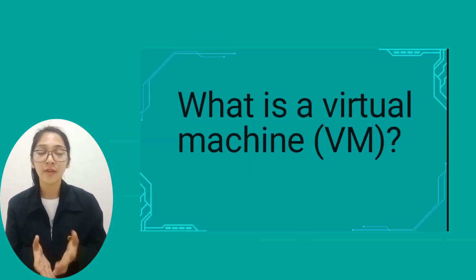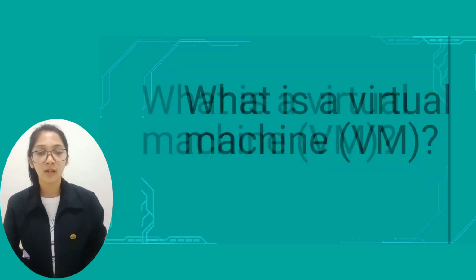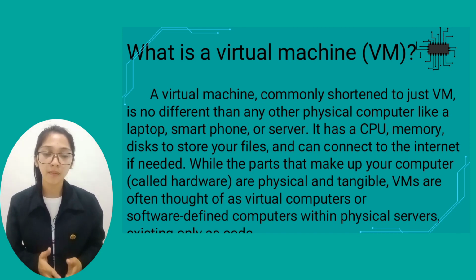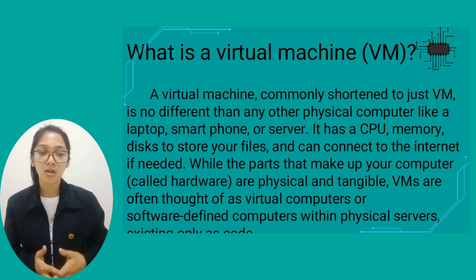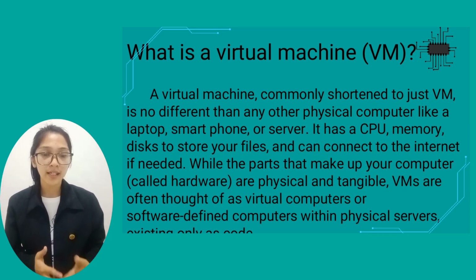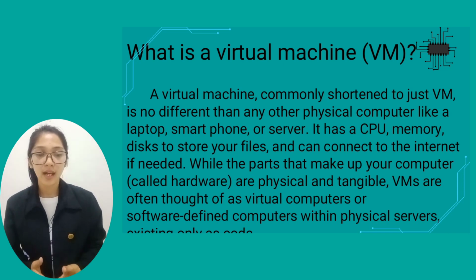So what is a virtual machine? A virtual machine, commonly shortened to just VM, is no different than any other physical computer like a laptop, smartphone, or server. It has a CPU, memory, and disk to store your files, and can connect to the internet if needed.